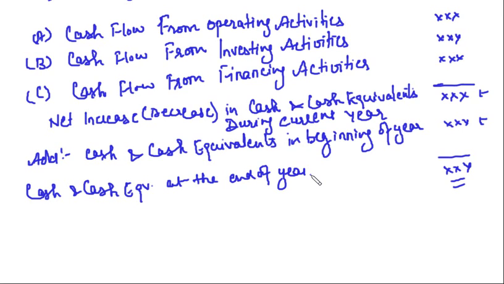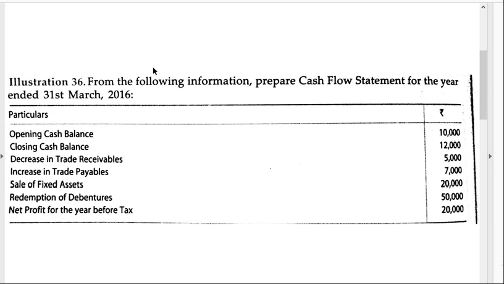So let's do one practical problem on this involving all the three activities. I will take up a simple practical problem because we have done everything in detail. So I will ask you people to do the complex problems. If you face any queries, I'm there to help you out.